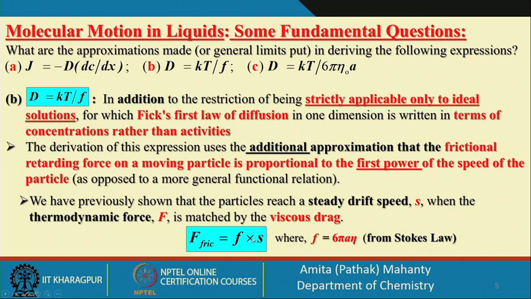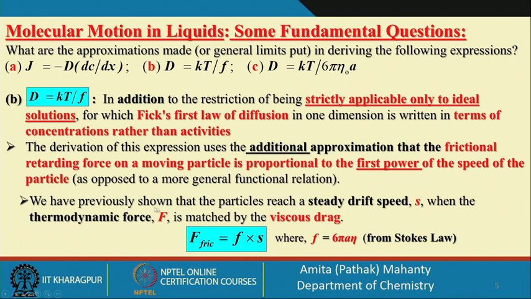This was the drift speed, and this was the constant which was obtained from Stokes law. So, you see force is proportional to the first power of speed. What is force usually taken to be? Force is equal to mass into acceleration. It is not the first power of speed, but here we have assumed the frictional force to be proportional to the first power of speed. Okay. This is the assumption which we have taken for this expression.